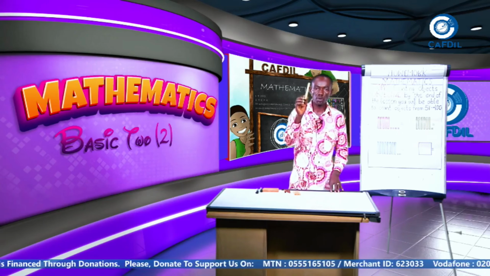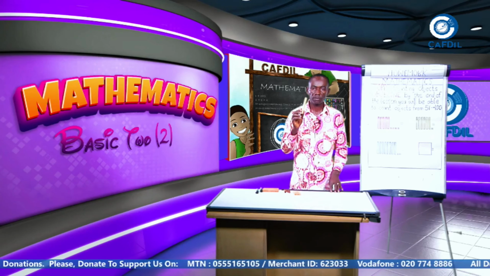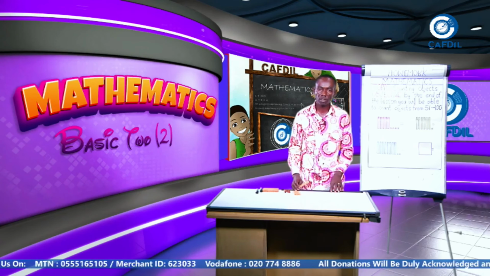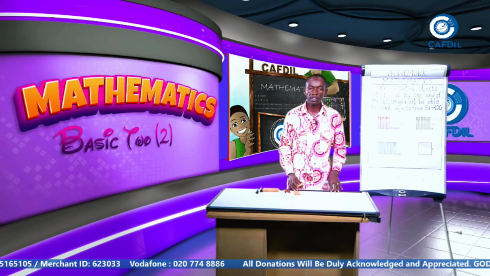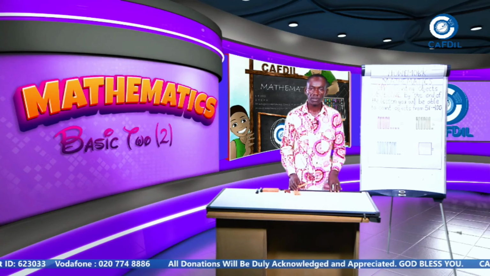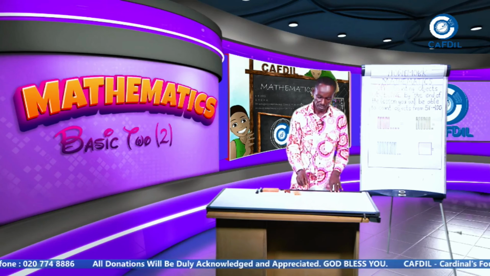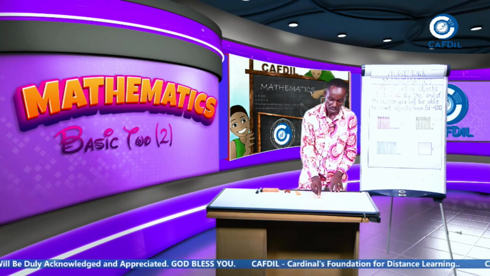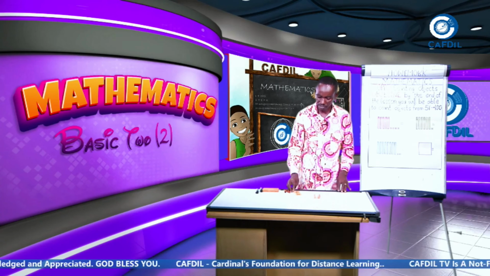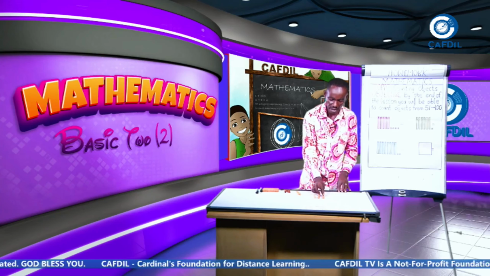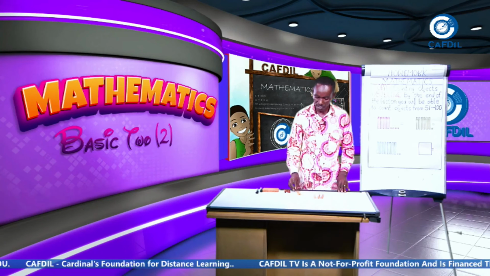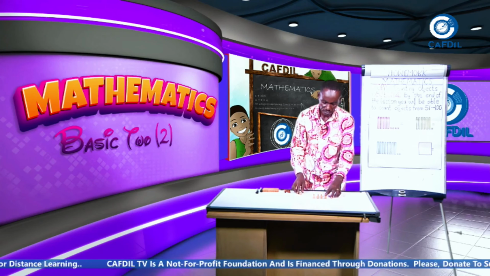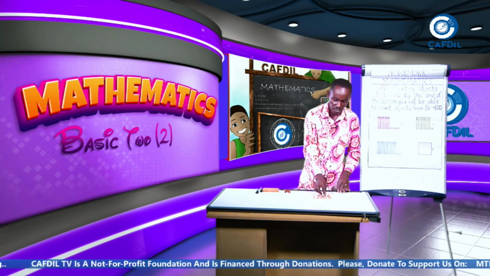So 5 of the longs will be 50. That is 10, 20, 30, 40, 50.